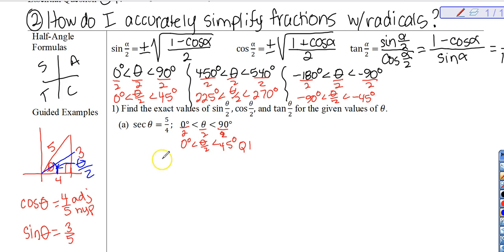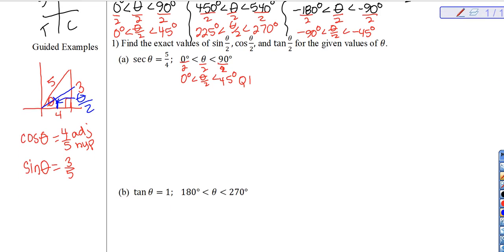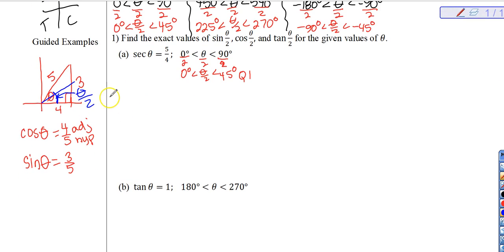Here's the way I've worked out doing all of the work for these 3 problems. I'm going to grab my red pen. Sine of theta over 2 equals, cosine of theta over 2 equals, and tangent of theta over 2 equals. And I work the problems, simplifying them left to right horizontally so everything fits.